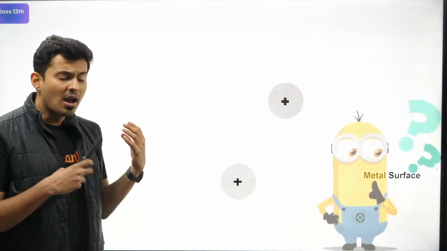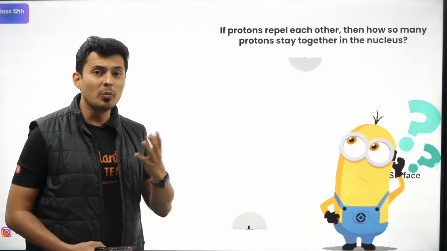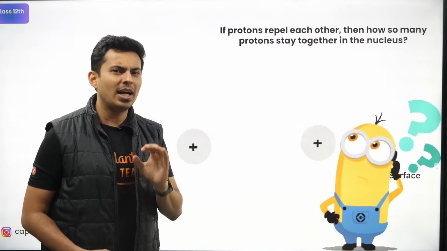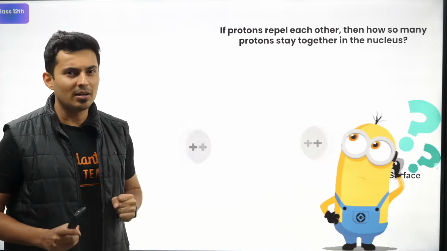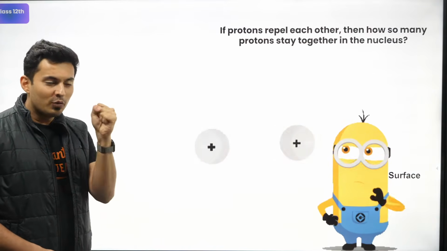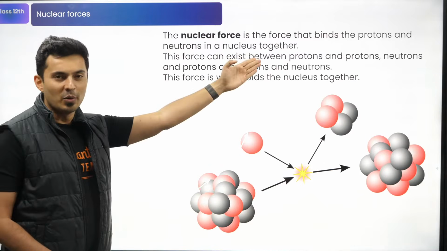Now you might be wondering, how do these particles which hate each other stay inside the nucleus? Like two protons, they will repel each other because of the electric forces, but in spite of that, they are very, very stable inside the nucleus. So there must be something higher in magnitude which binds them together, and that is nothing but the nuclear force.